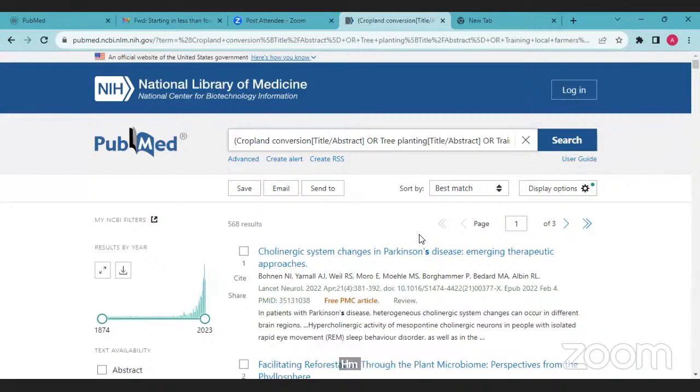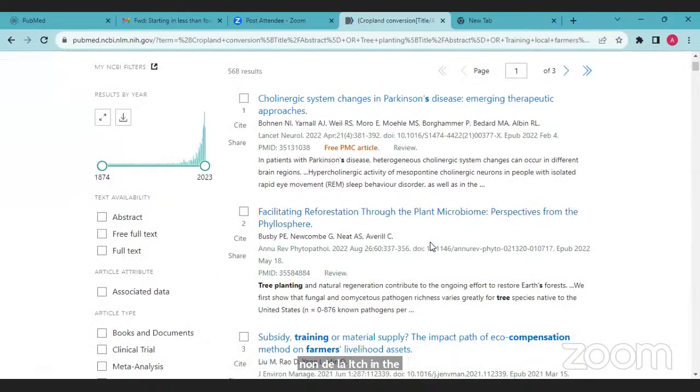How do we store our searches before we transit to another database? Before you transit to another database. Now, something that I have to show you, which in the package of systematic reviews training, there should be reference management.